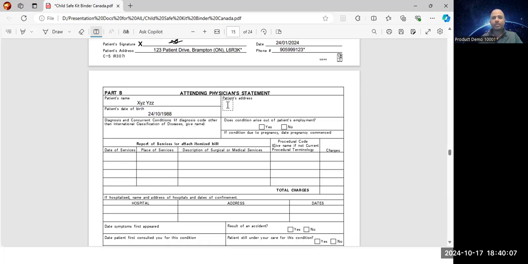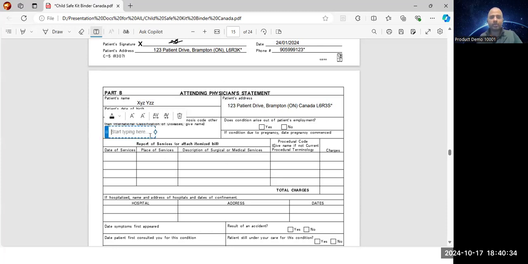Your patient's address, let's say this address is 123 Patient Drive, Brampton, Ontario, Canada, L6R 3S, whatever the last letter might be.